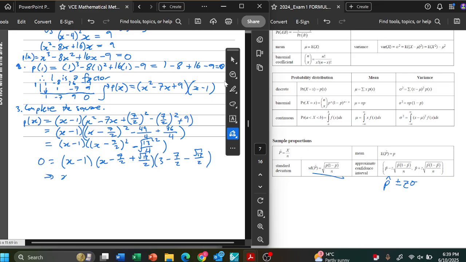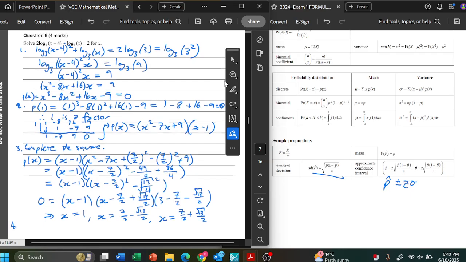It's equal to 0 when x equals 1, when x equals 7 over 2 minus root 13 over 2, and when x equals 7 over 2 plus root 13 over 2. Is that the answer? Well, no, it is not, because we now need to consider the domain of the function.